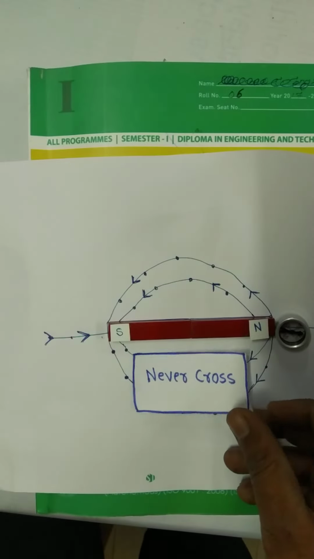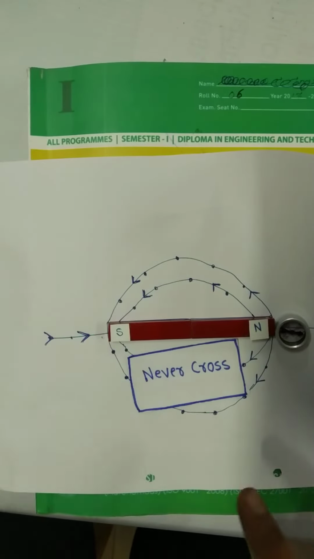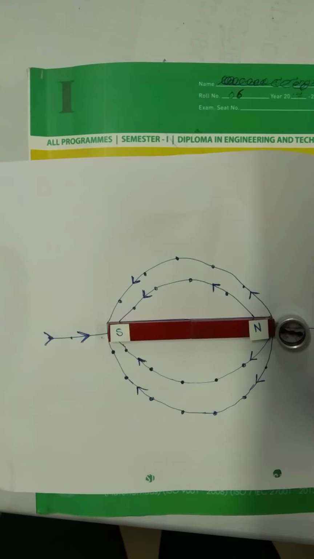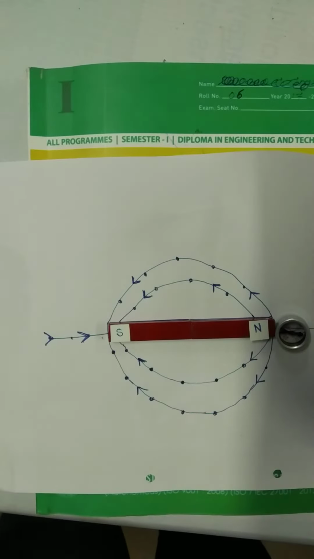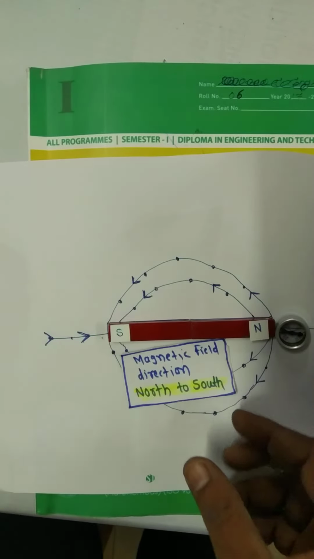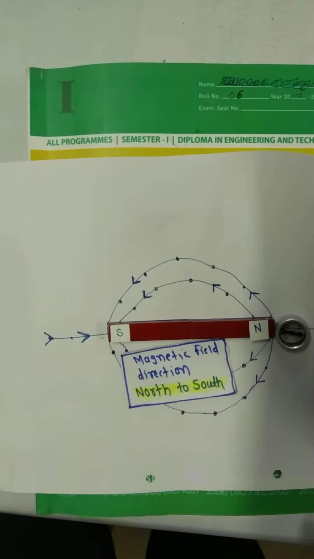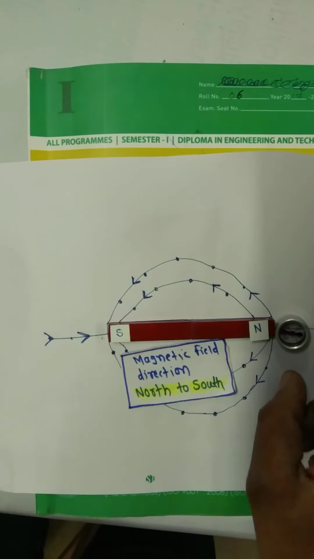The second property, magnetic lines of force never cross each other. The third property, magnetic lines of force are always continuous. The fifth property, magnetic field direction is from north to south.